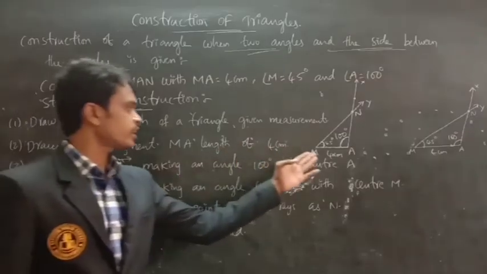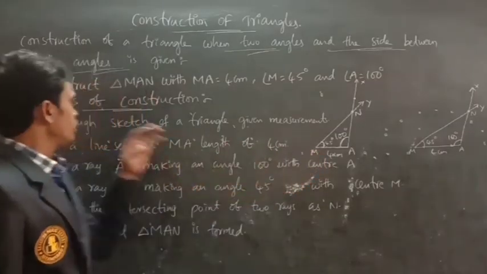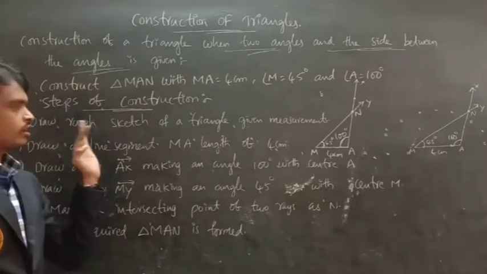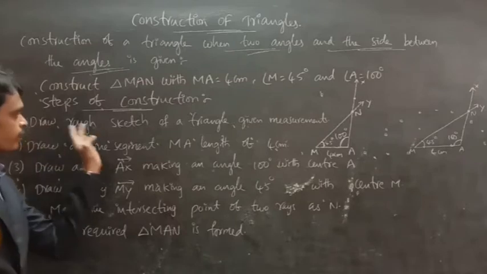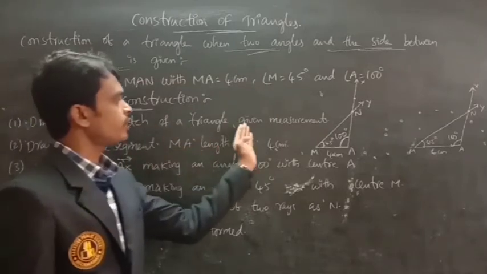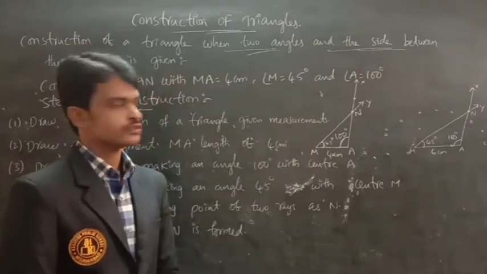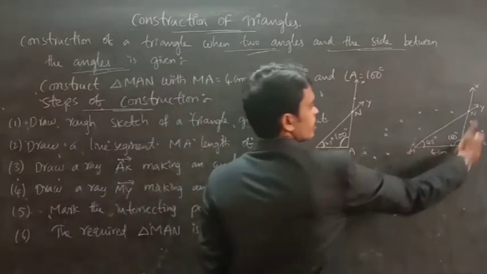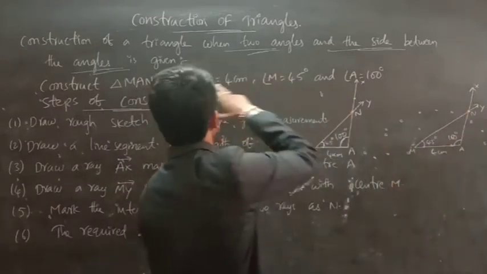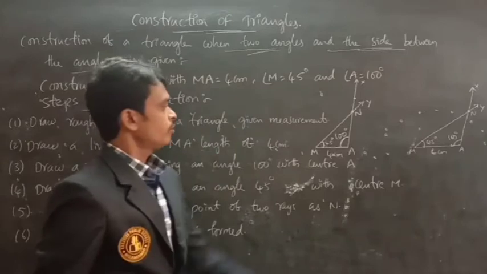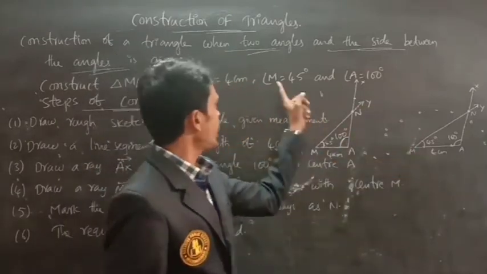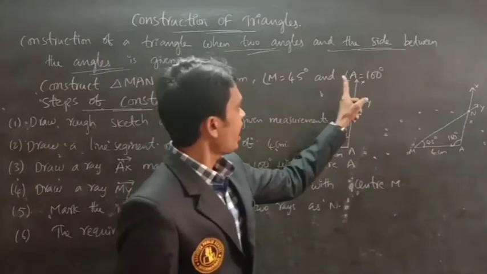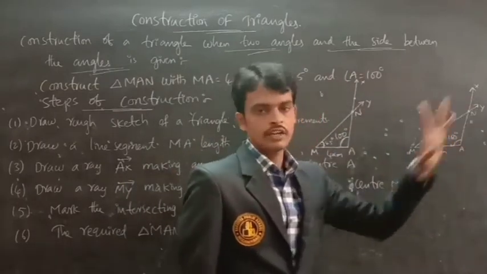After constructing the triangle, we should write the steps of construction. First step, draw a rough sketch of the triangle with the given measurements: MA 4 centimeters, angle M 45 degrees, and angle A 100 degrees.